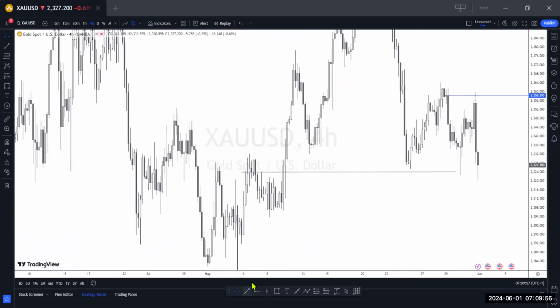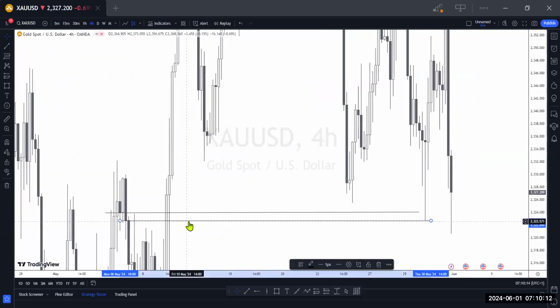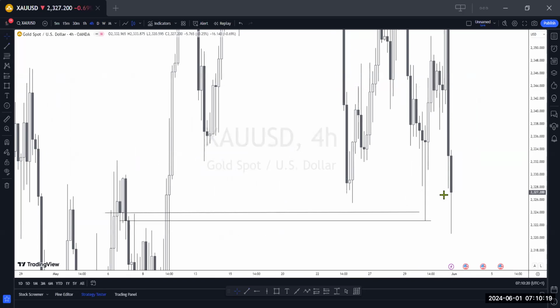So where would my H4 MTF be? The closest SNR level to this level for buys, which is this gap level, right? This broken gap. Then price comes, still uses my MTF and then starts to go up. We'll come back to this.